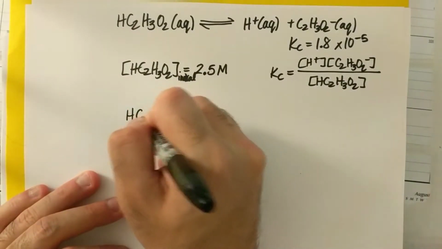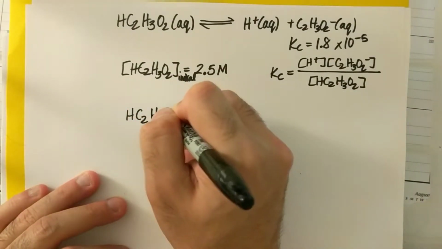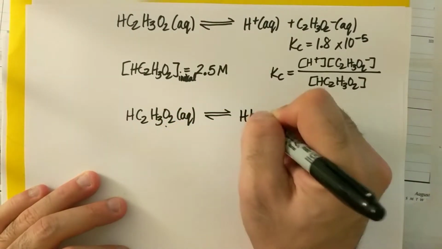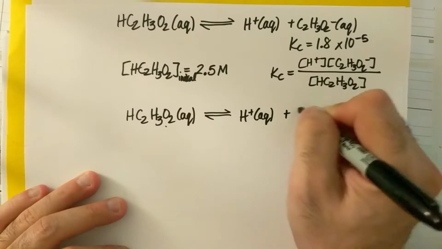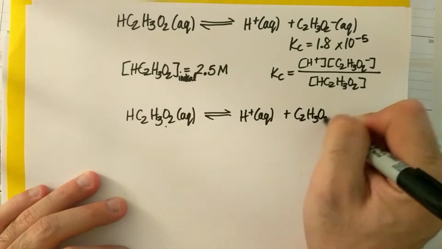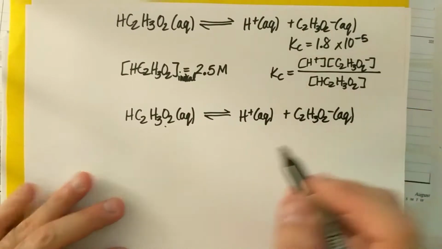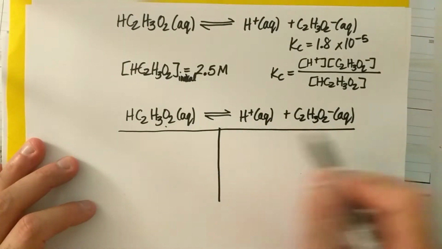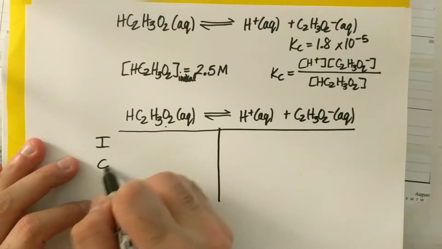So I'm going to rewrite my chemical reaction, HC2H3O2 aqueous, in equilibrium with H plus aqueous, plus C2H3O2 minus aqueous. And here's my construction of the ICE table. So ICE.